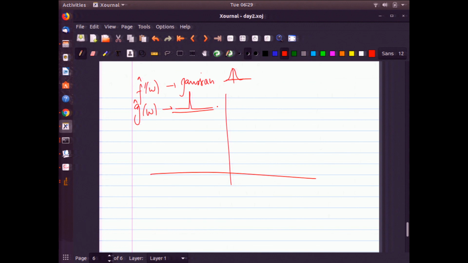Now what will happen in that previous case? At any omega, what will be the value of h of omega? You will take some omega prime, right? The value of the Gaussian there will be very small.